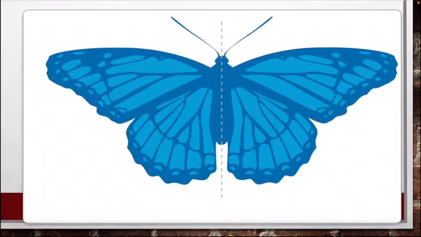Yes, the line that is drawn in between the butterfly is called the line of symmetry. The imaginary line or the axis along which we can fold a figure to obtain symmetrical halves is called the line of symmetry. That we will learn later.